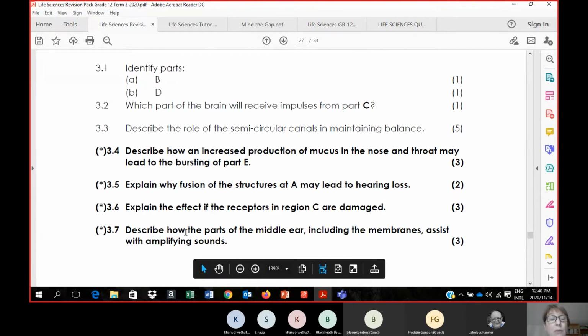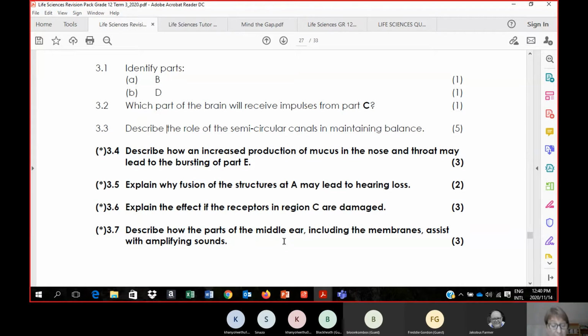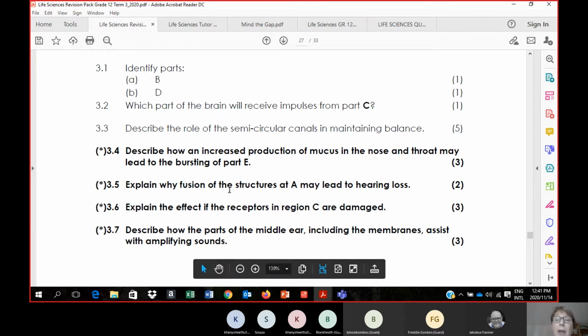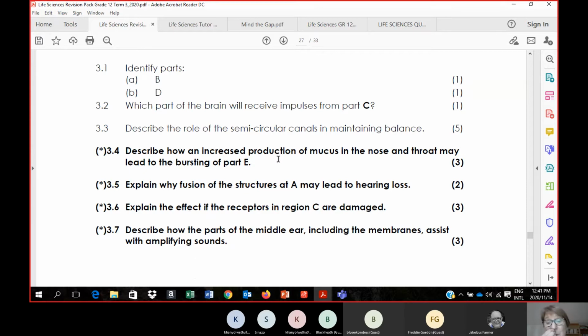And then describe how the parts of the middle ear, including the membranes, assist with amplifying sounds. Okay, I'm going to give you about 5 minutes to do that question on the ear, and then we'll leave the one on the eye on the next page because we've already done a question on that. So if you can quickly do this question on the ear, and it's on page 27 in your notes.